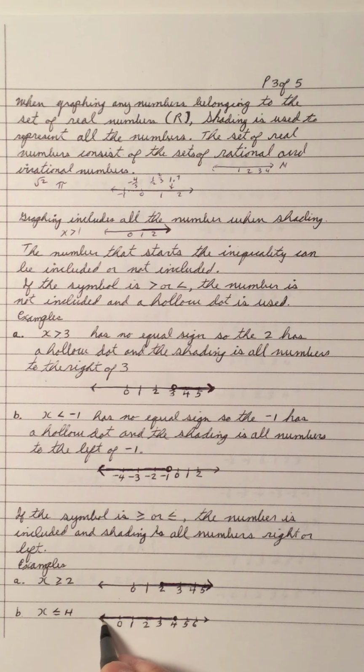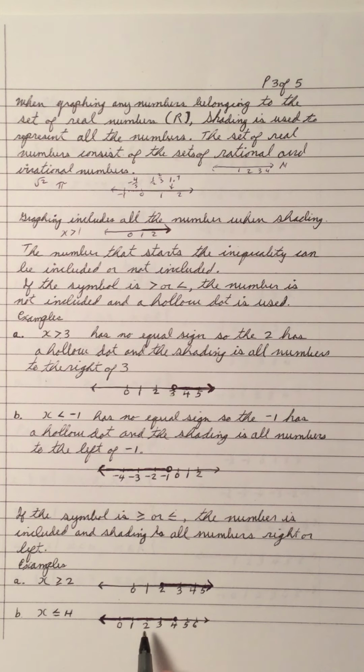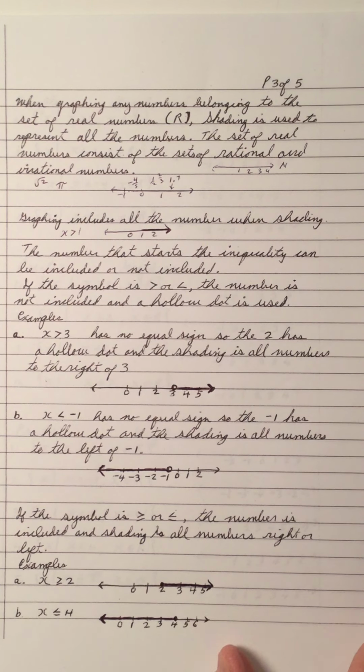I'm making sure that you see the shading. I'm shading it in, but if you're doing it with your own pencil or pen, you would pick it out very easily. So notice equal to: 4 starts it, so 4 is solid, and you go to the left. 2 starts this inequality, so you make it a solid dot, and you go to the right. Let's continue.